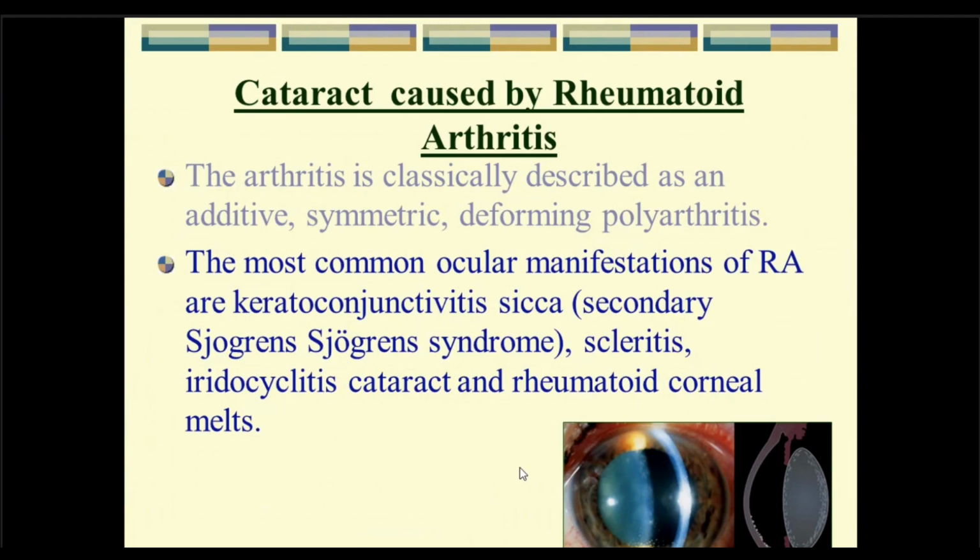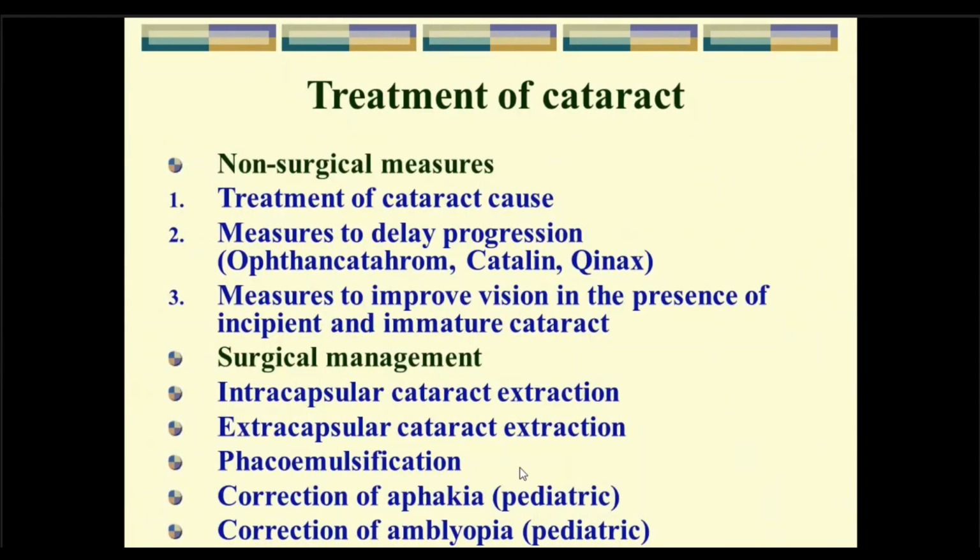It's characteristic of type 1 diabetes mellitus. A special type of cortical cataract has been seen in many diabetic patients with type 1 diabetes mellitus. Usually it is a bilateral process.